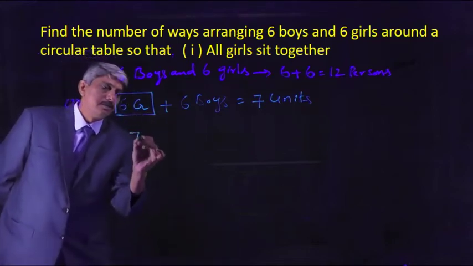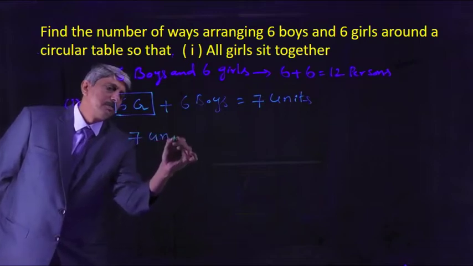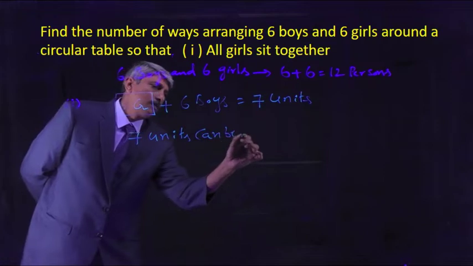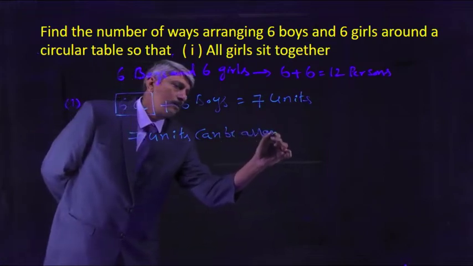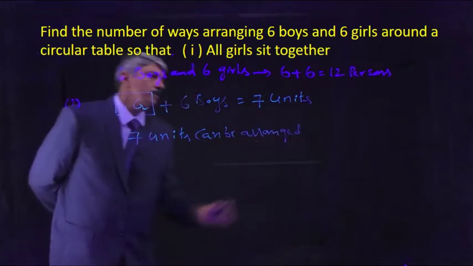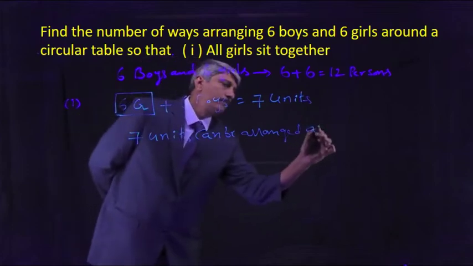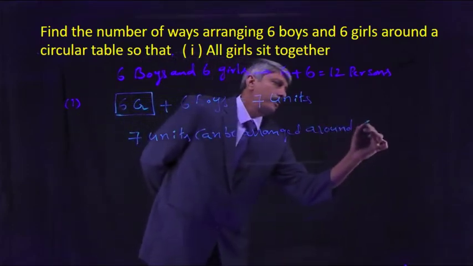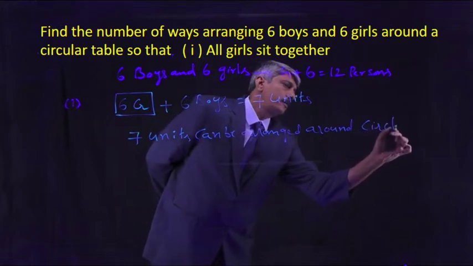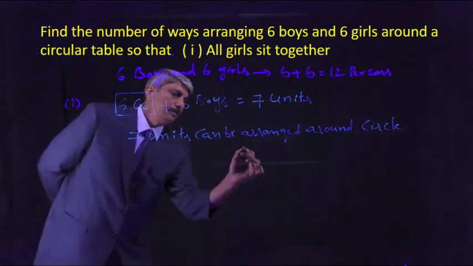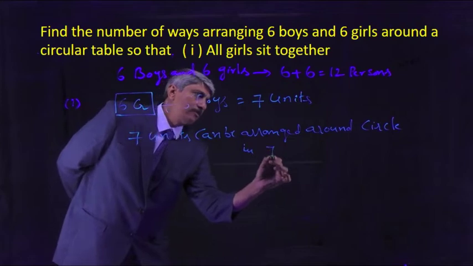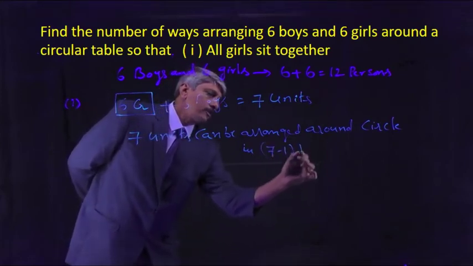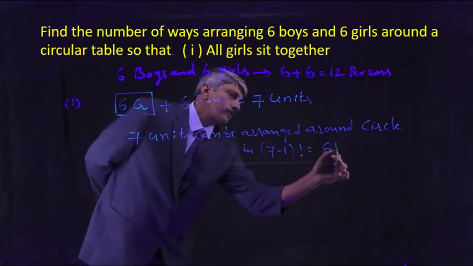Therefore, 7 units can be arranged around a circle in 7 minus 1 factorial, that is 6 factorial ways.